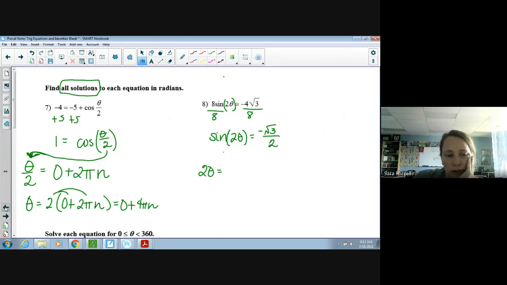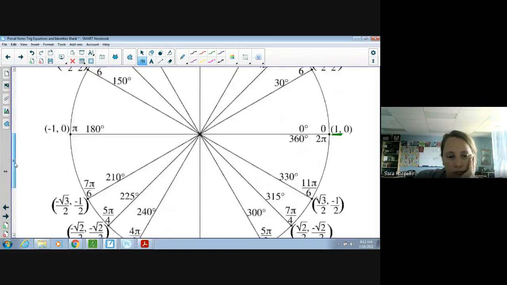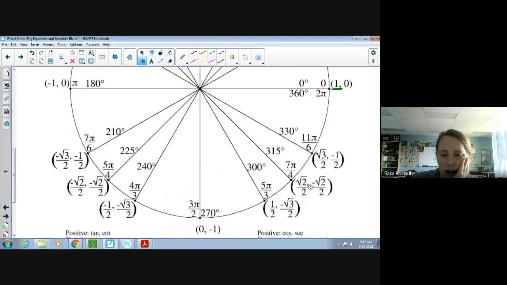I'll go back to my unit circle. Sine is y. Negative root 3 over 2 is 5 pi over 3 and 4 pi over 3.